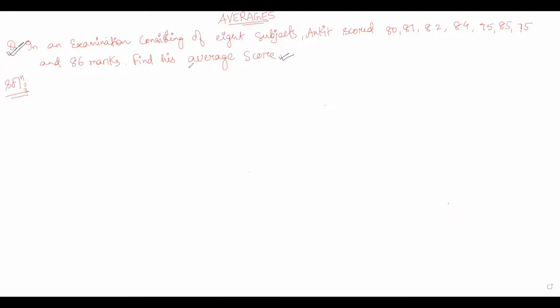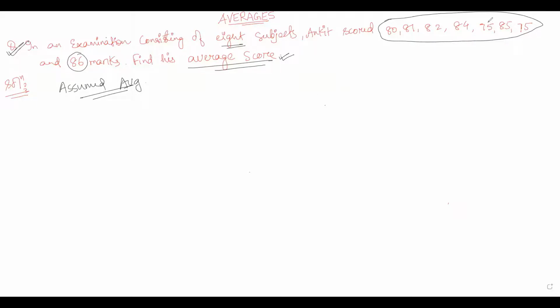To calculate the average score, we can simply use the average formula, which would be the sum of all these numbers divided by the total subjects, which is 8. But instead of that, let us try to use the assumed average method to calculate the average score of Ankit in all these 8 subjects.